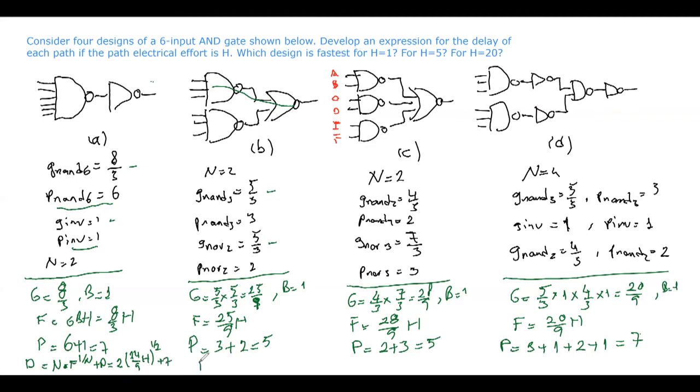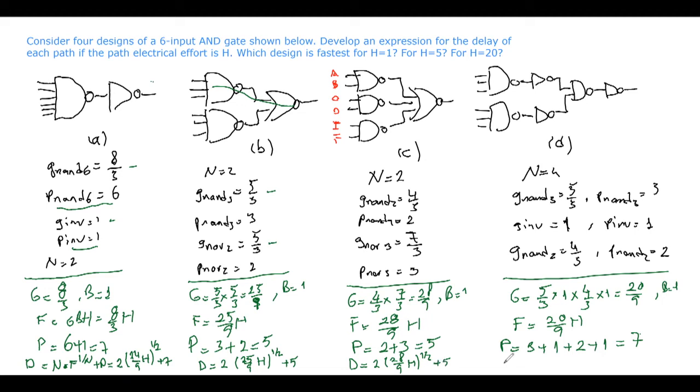For this one, delay is going to be what? 2 times, again we have 2 stages, in parentheses, 25 over 9 h to the power 1 over 2, or square root, plus 5. And for this one, the delay is going to be 2 times 28 over 9 h to the power 1 over 2 plus 5.